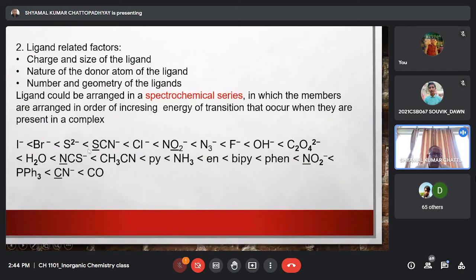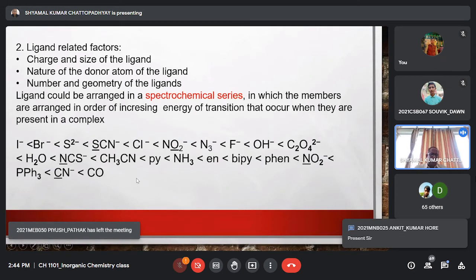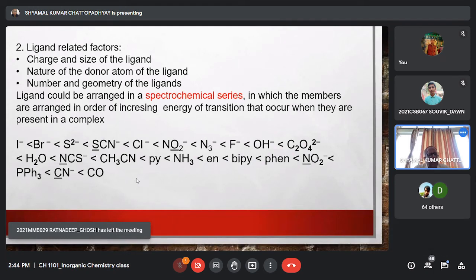There are various reasons for that, but one of the main reasons is that the donor atom in S-bonded thiocyanate is the sulfur atom, whereas in N-bonded thiocyanate the donor atom is nitrogen. As all of you know, sulfur, being in the third period, has a much larger size compared to nitrogen.